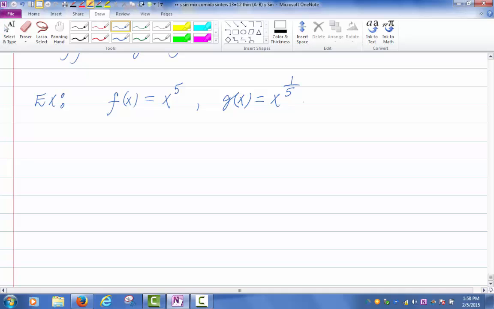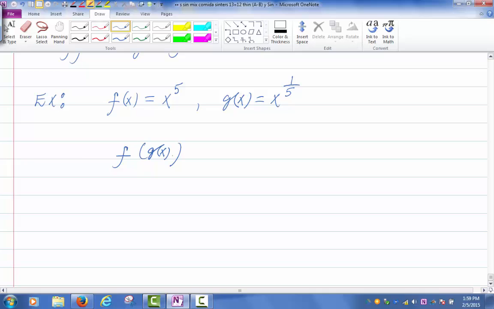Okay? Decide if they are inverses of each other, meaning that decide whether g is the inverse of f, or decide if f is the inverse of g. Okay? How would you do that? Well, all you have to do is check the two cancellation properties that I gave you. What is f of g of x?